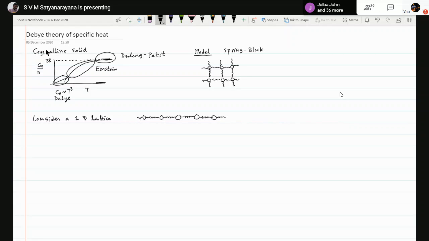Now there are two kinds of excitations. The excitations can be categorized into what is called an extended, or delocalized, excitation, or you can have a local excitation.